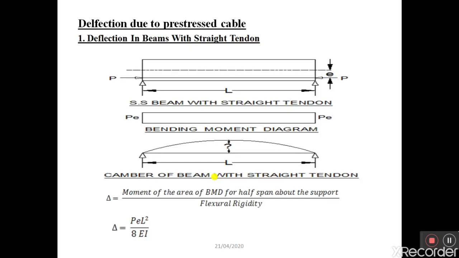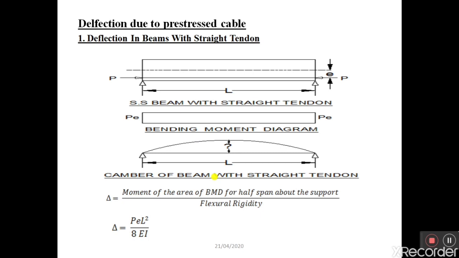Now firstly, let us see the deflection that will take place under prestressed cables. We all know that when the cables are prestressed, the cables will undergo change in length. When these cables are tensioned, there is an increase in the length of the cable, and after anchoring the cable at the ends, the cable will try to regain its original shape and size.